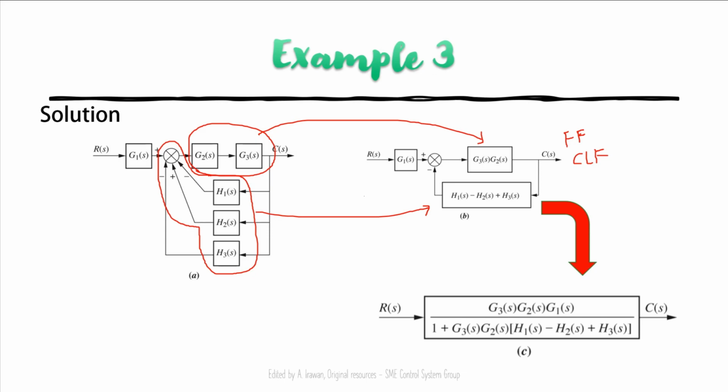Okay, so we go back to the closed loop form equations, so then we can get this single block or single equation like this, according to the formula for the feedback form.